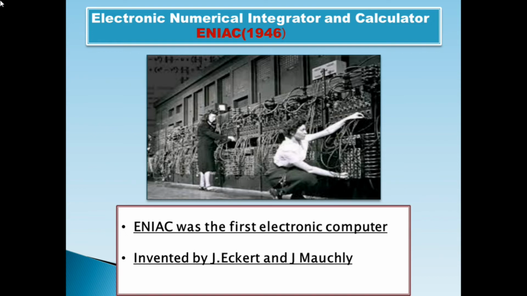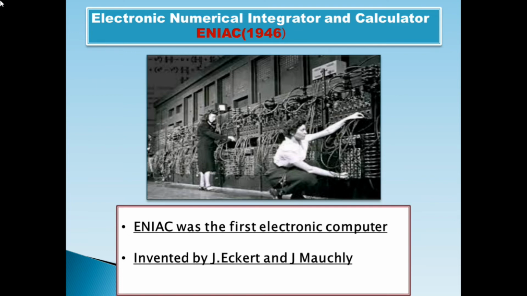ENIAC stands for Electronic Numerical Integrator and Calculator. ENIAC was the first electronic computer, and it was invented by John Eckert and John Mauchly.